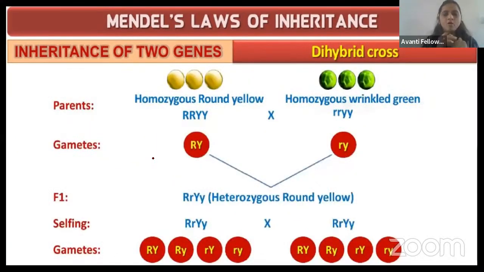Let us learn about that. See here. Always remember, in the yellow round seed we are having two genes.